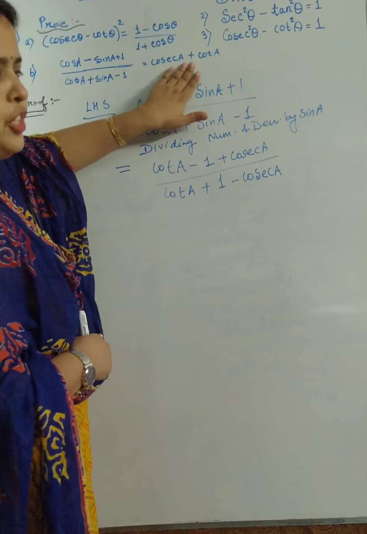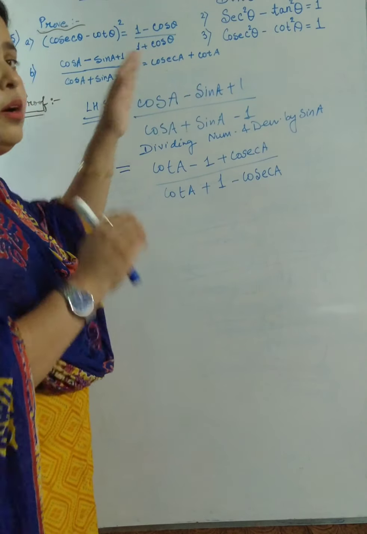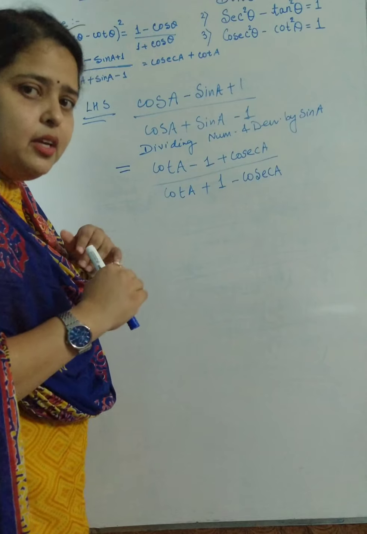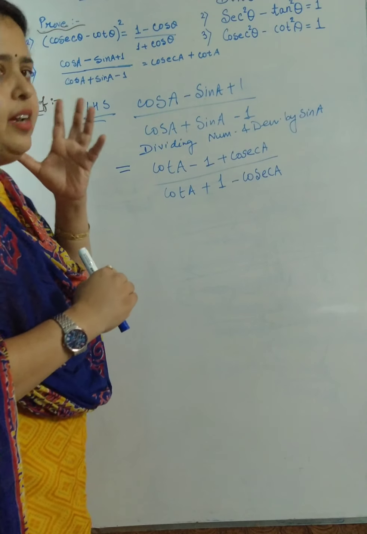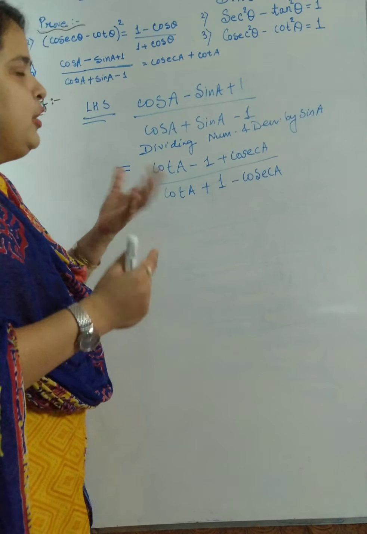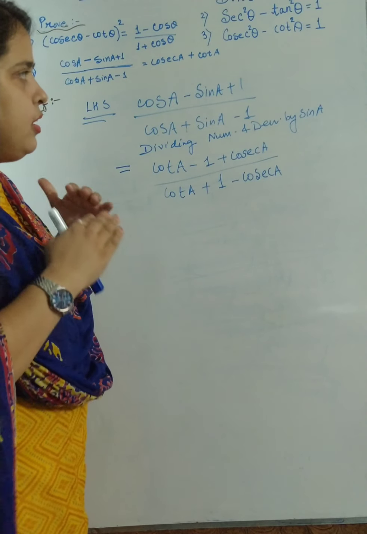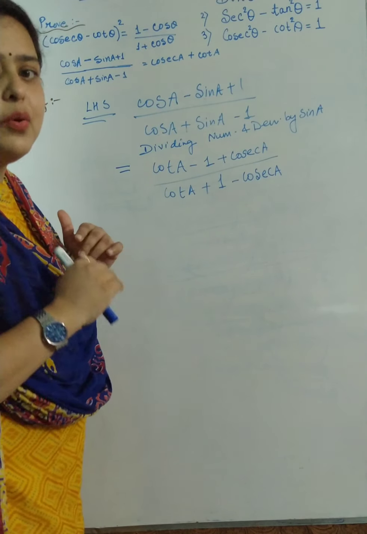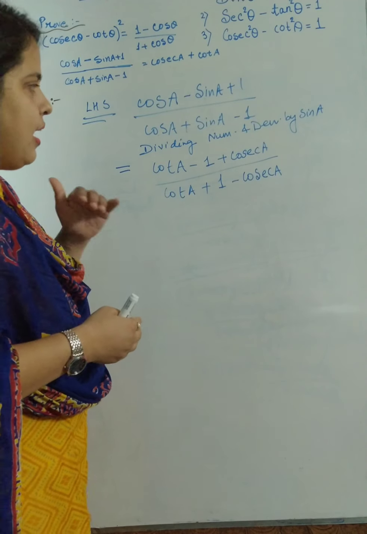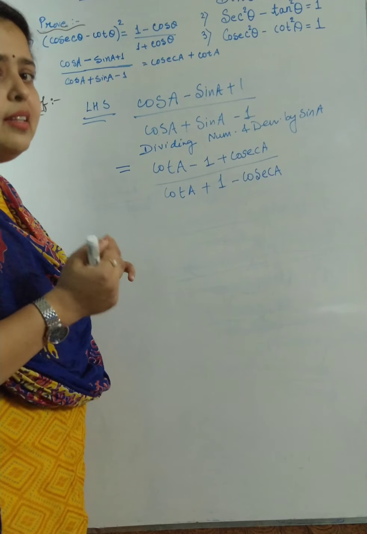Because in the RHS part, remember, why such ideas are coming into my brain. It's nothing special. By practicing well, you will already understand what to do in the next step.